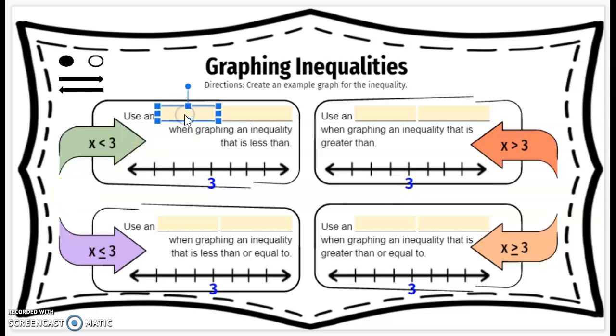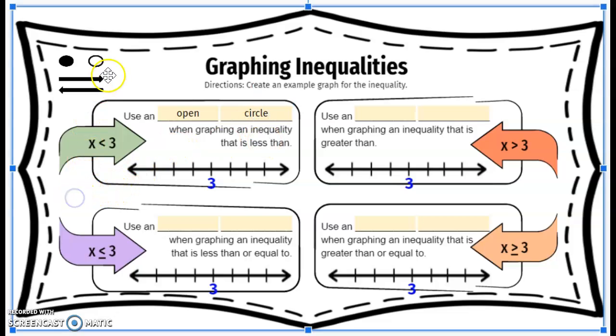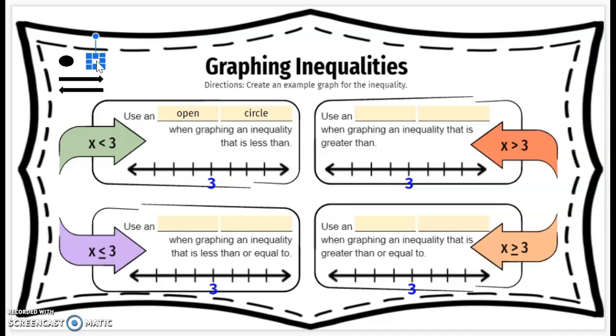So for instance, we're going to go ahead and write in here, use an open circle when graphing an inequality that is less than. So I'm going to use this open circle because my number right here is a 3.